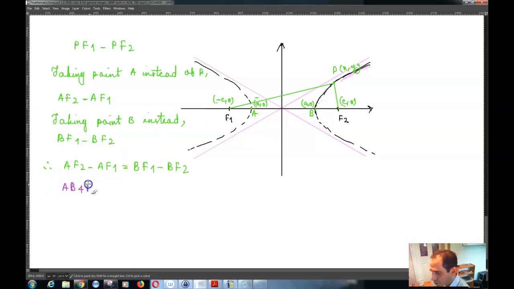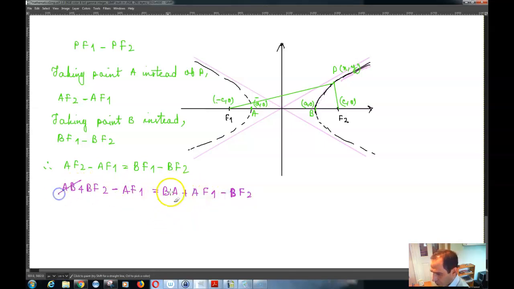AB plus BF2 minus AF1 is equal to BF1. BF1, I can break it down to BA plus AF1. BA plus AF1 minus BF2.